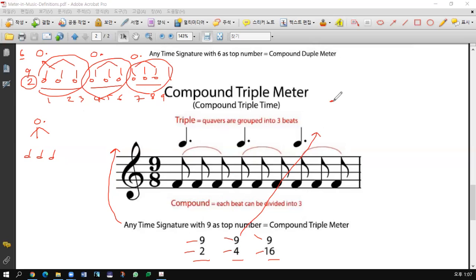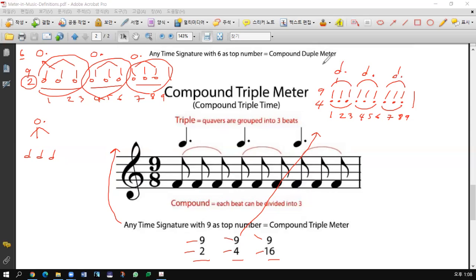Another example here, 9/4, right? So the quarter note gets 1 beat. And then we have how many? 9 beats. So this is 9/4. 1, 2, 3, 4, 5, 6, 7, 8, 9, right? But you can group 3 quarters into 3 bits, like 1, 2, 3. And the value of this one is a dotted half note, right?